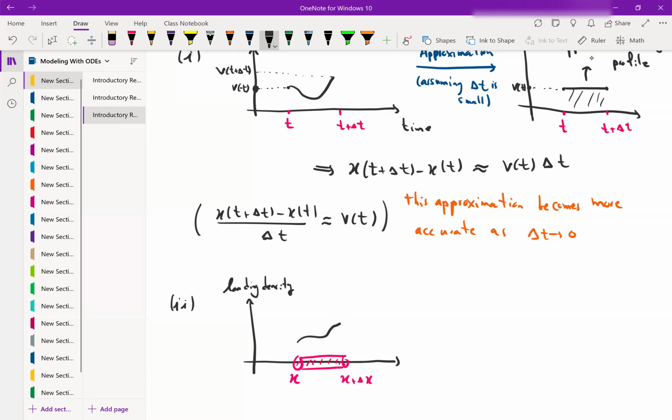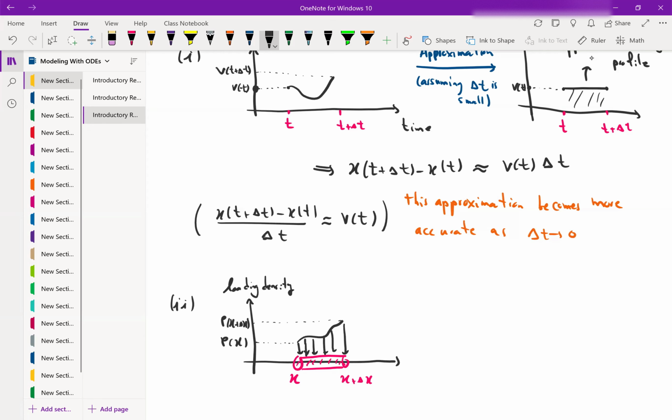So these are the loads that are applied to this beam. I'm going to denote the linear density of the load by the letter P. So here we have P evaluated at x. Here we have P evaluated at x plus delta x.